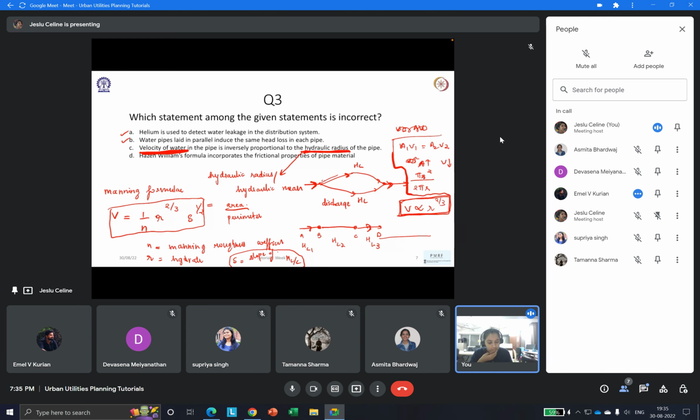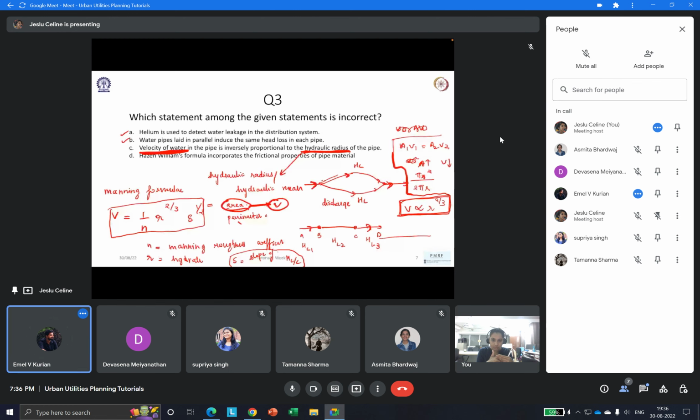So whatever direct relationship you're talking about between area and velocity will not hold for the hydraulic radius case, because hydraulic radius also involves the same parameter that you're using in area. So that relationship also comes into play.